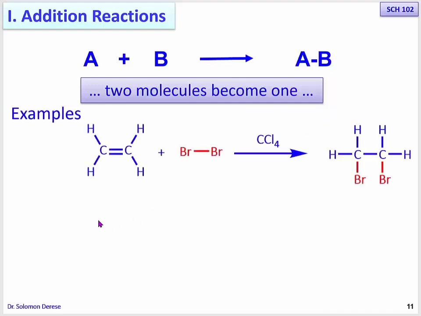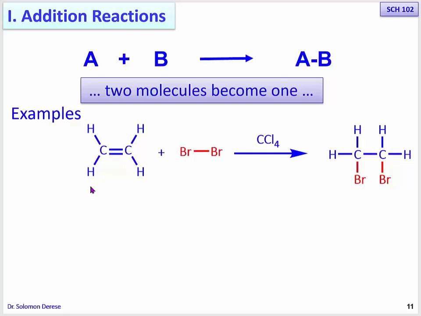One of the most important examples of addition reaction is the reaction of alkenes with halogens to give an addition product. This is a reaction of an alkene with bromine to give an addition product. This is a reaction you're probably familiar with from your organic chemistry in high school.